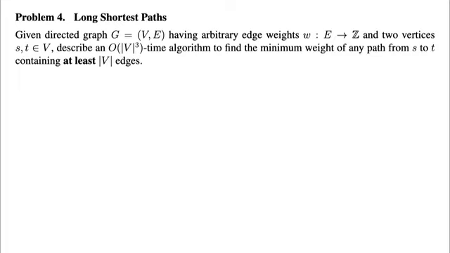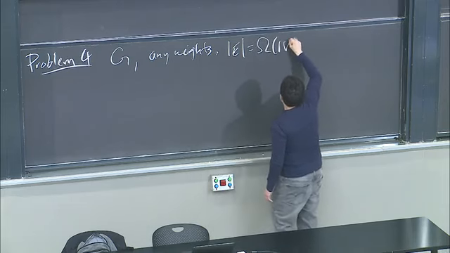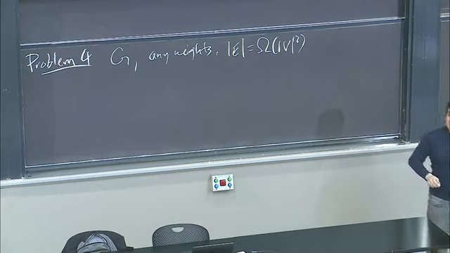Okay, so what we're doing, we're given a graph, G, it has any weights. It's possible that this graph has E lower bounded by a quadratic in the vertices, right? I have no restrictions on how many edges this thing could be.